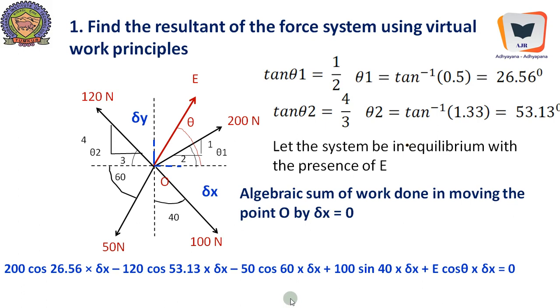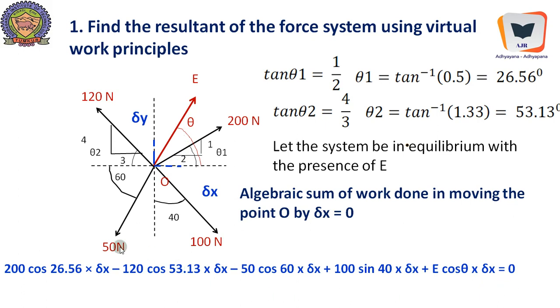So this work becomes negative owing to the negative force, into del x, plus 100 sin 40, because the angle is referred with respect to vertical. 100 sin 40 is positive because the component of the force is going rightwards, into del x, and E cos theta, this is the equilibrant into cos theta, that is also positive, and del x is also positive, equal to 0.